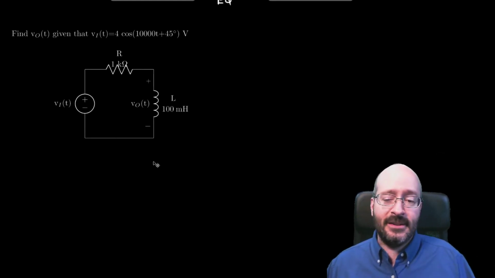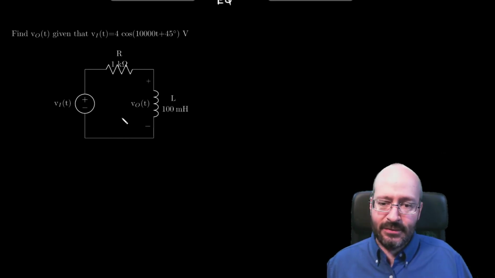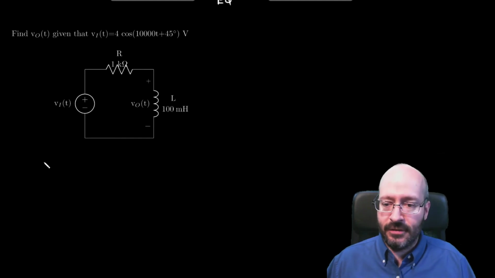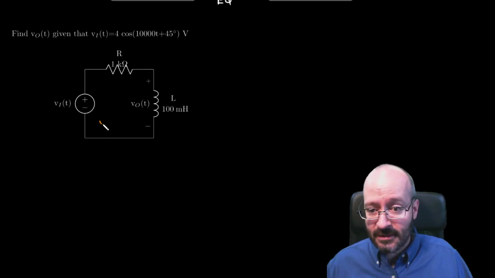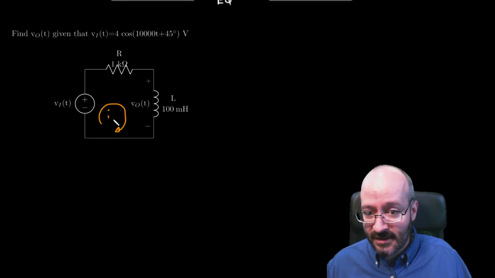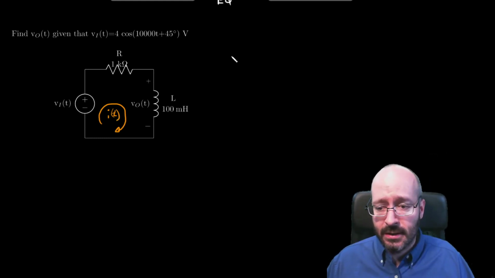If you had to do this, we'd have to write out the equation and then solve it as a differential equation. But we could do it. We could do mesh analysis. Okay, we can say this is I of t. There's 1 KVL, that's all we have to write. How hard could it be?